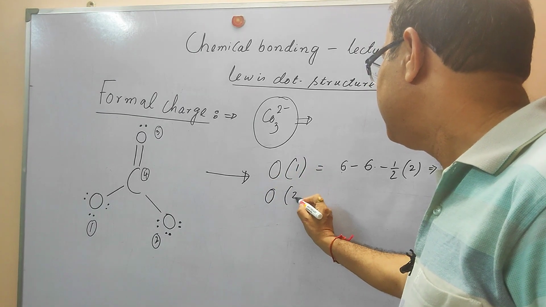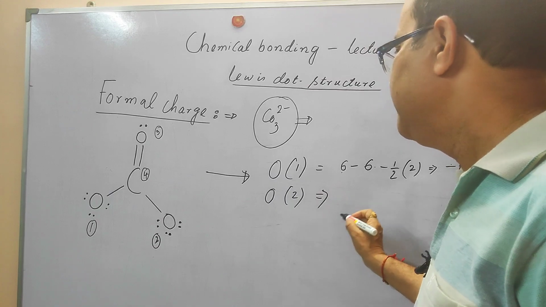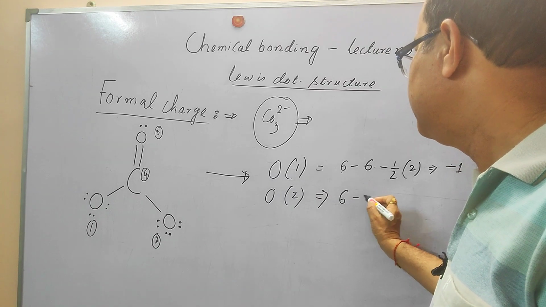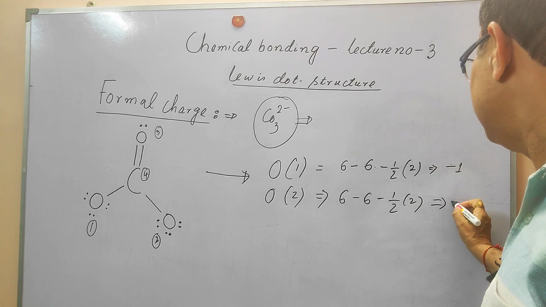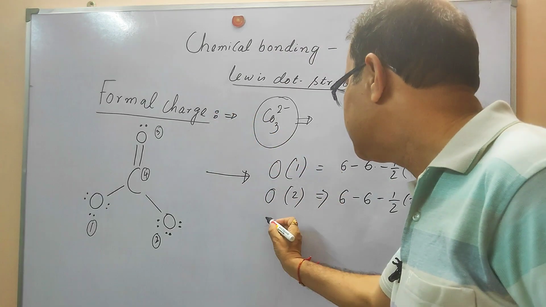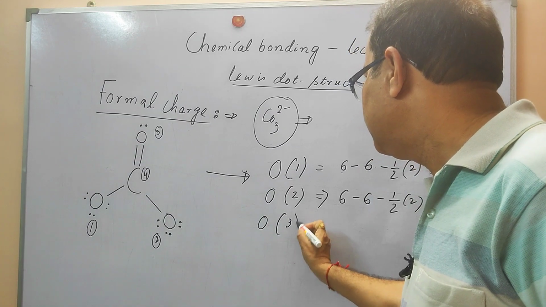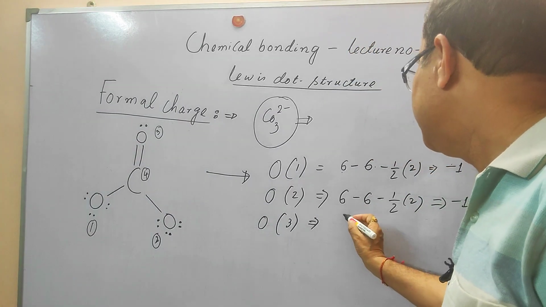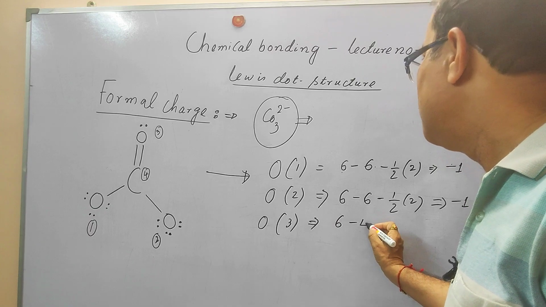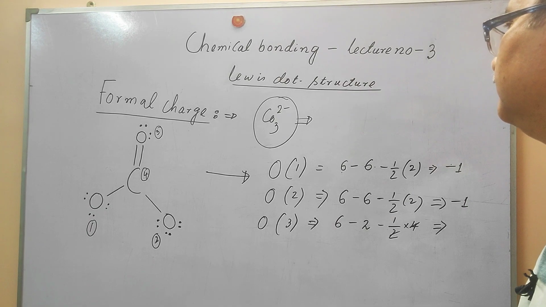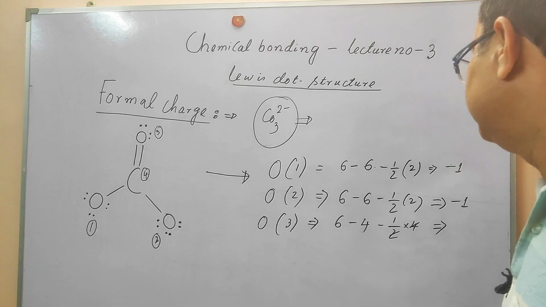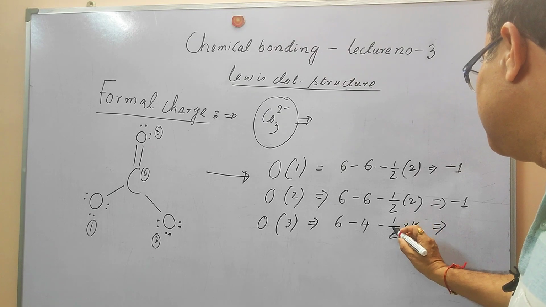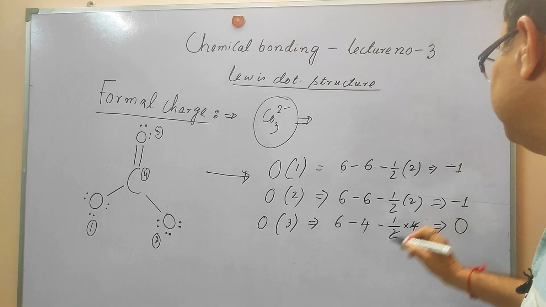For the second oxygen atom, in a similar way, 6 minus 6 minus half of 2, it will also be minus 1. Then for the third oxygen atom, 6 minus lone pair electrons, which will be 4, minus half of 4, that will be 0.